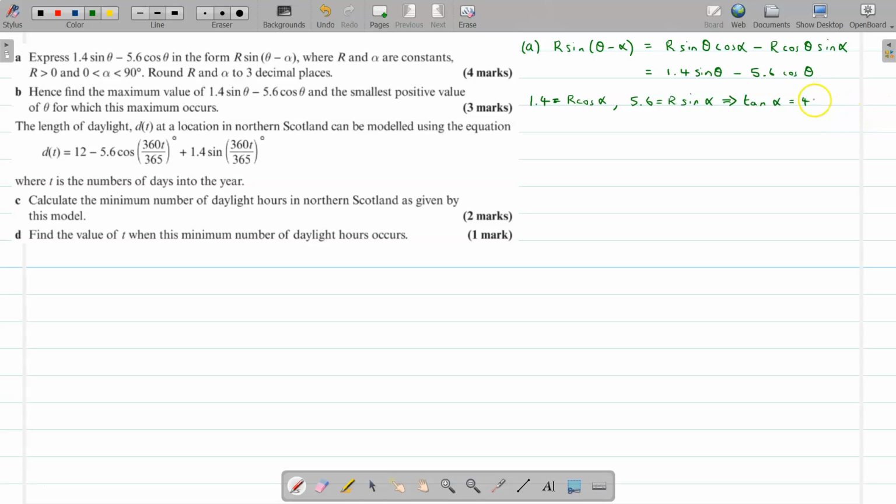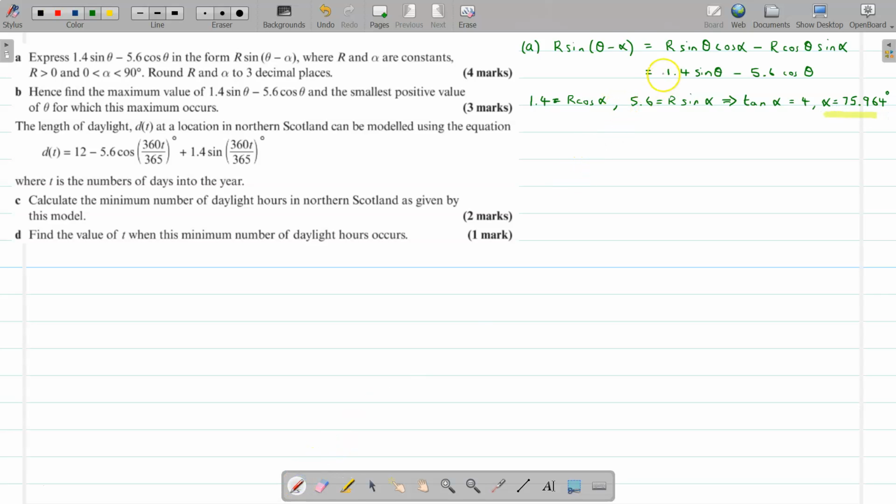From that I get alpha equals 75.964 degrees to 3 decimal places, which is what the question asked for. So that's the value of alpha.